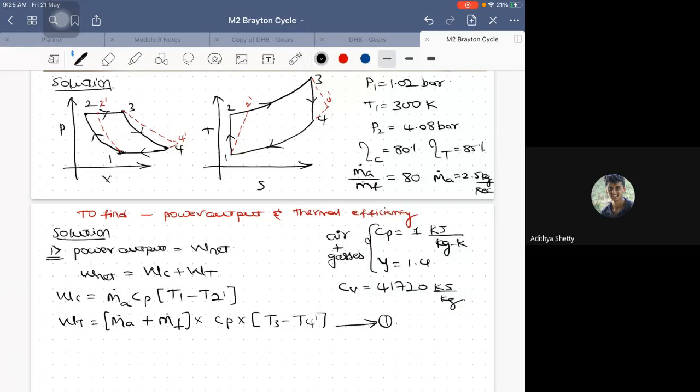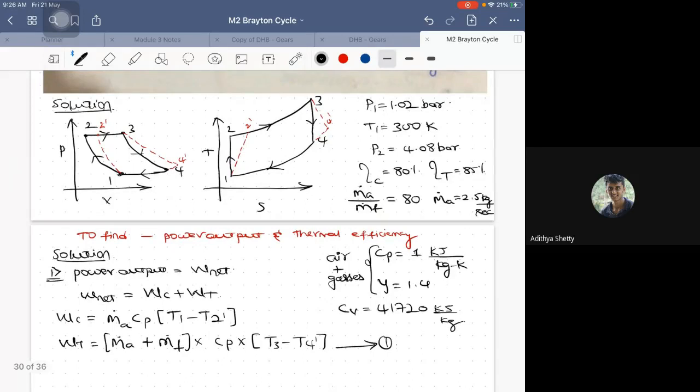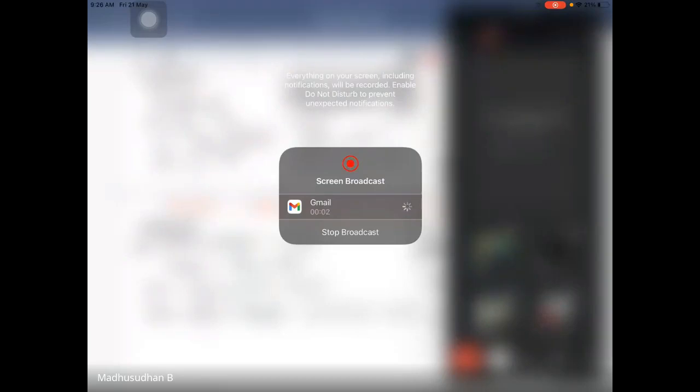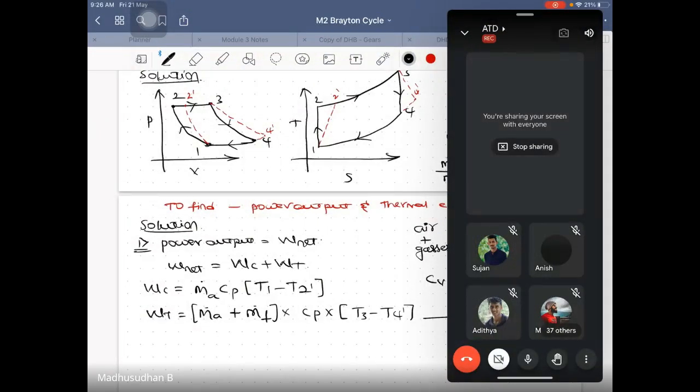So first we shall go with compressor work. Are you able to see the screen?